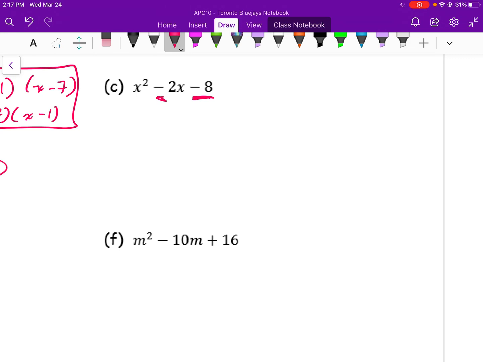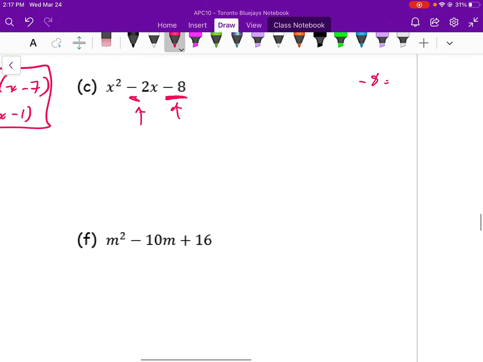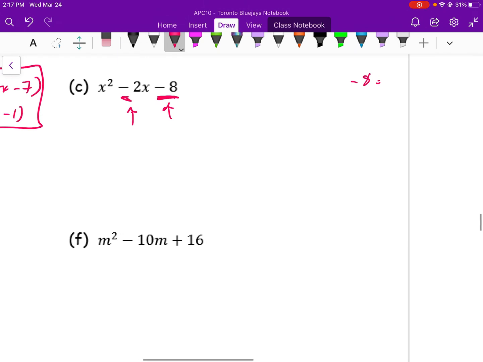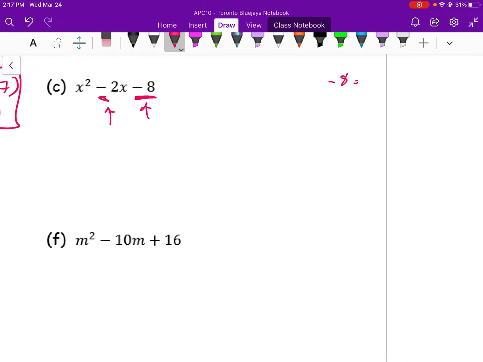You tell me what two numbers multiply to negative 8 but add to negative 2. So perhaps I'm going to start off with negative 8, and I'm going to work systematically here. I'm going to use my factor rules.